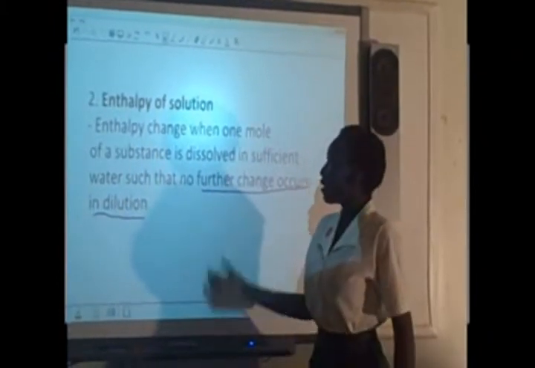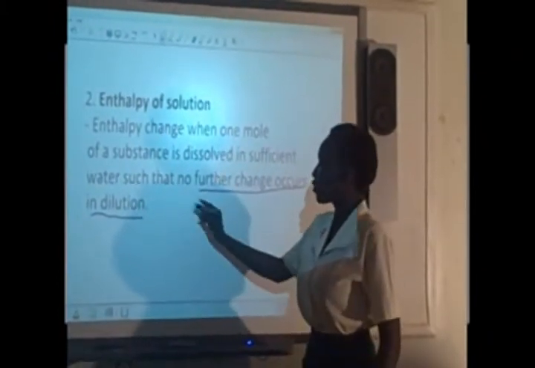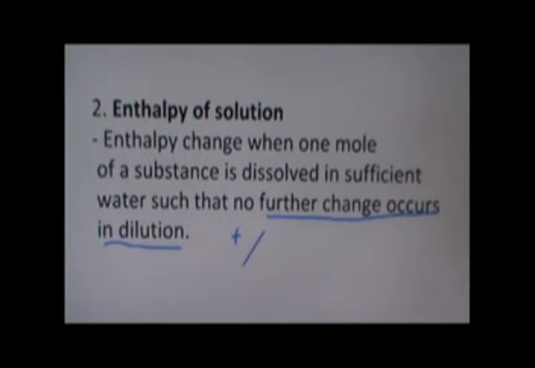And so this enthalpy change is going to be positive delta H, because it's going to require a lot of heat to break those bonds between sugar as it dissolves in water. And so the whole of it has to dissolve, so that if you happen to add any more water, you will not find any more heat change. And that's when enthalpy of solution takes place.